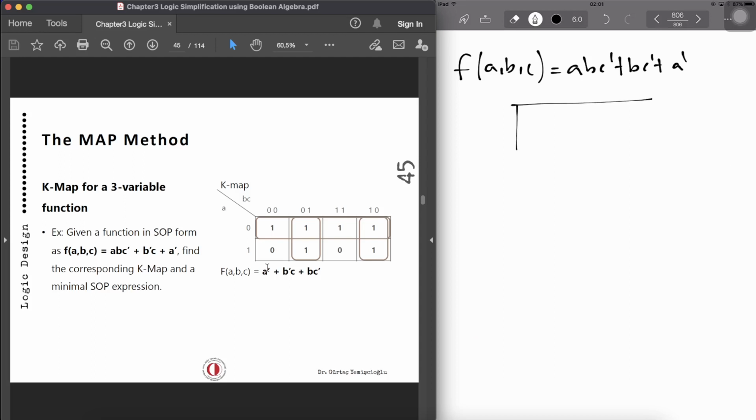Now, when we draw the K-map, we draw based on the expressions. It looks like a tricky one, but it's not actually.